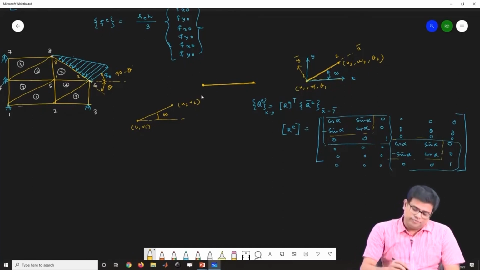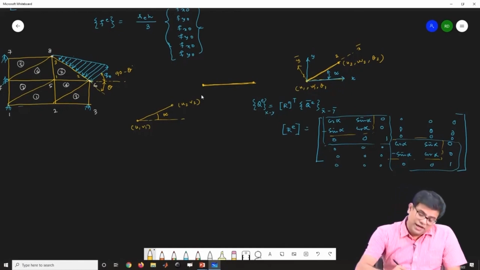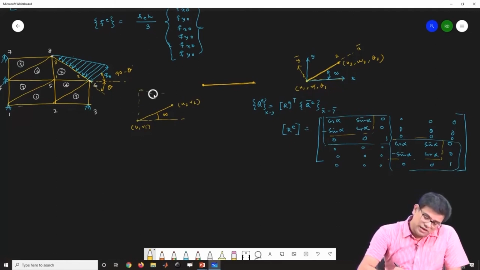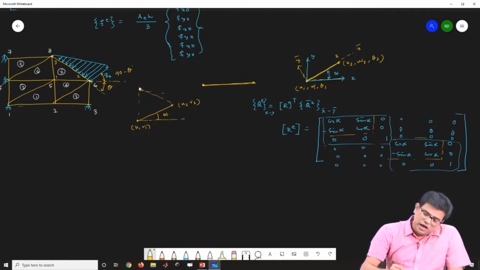Now remember one thing: you have 3 by 3 matrices, so you have 6 degrees of freedom. The triangle is something like this, so you have u2, and there is another node, that is u3, v3.